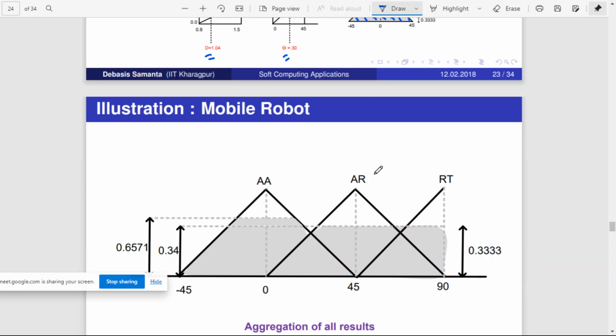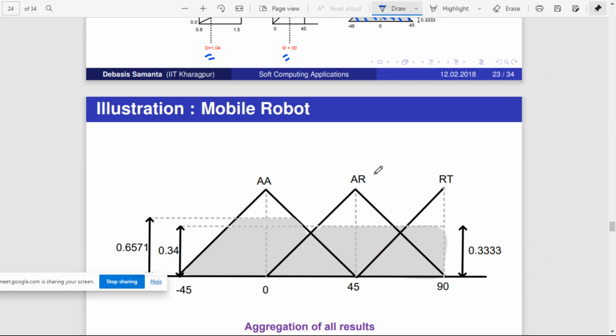After merging all these things, now we can find the output. In defuzzification we have discussed the center of sum method. Now you can apply the center of sum method to find the actual output, that is the actual angle of deviation.